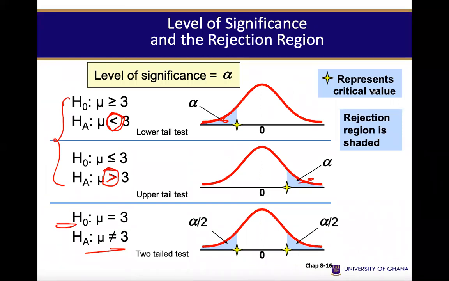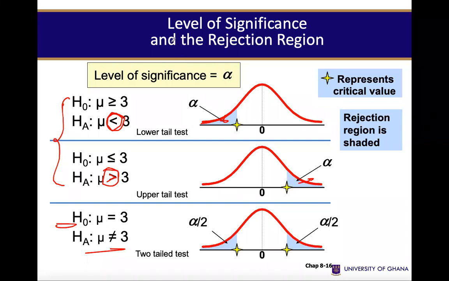So if it is less than 5 kilograms, it is not done right. If it is more than 5 kilograms, it's not done right. If it is equal to 5 kilograms, it is done right. So we'll be interested in the two-tailed kind of hypothesis testing. And given these situations, they have different ways of solving them or approaching the solution.